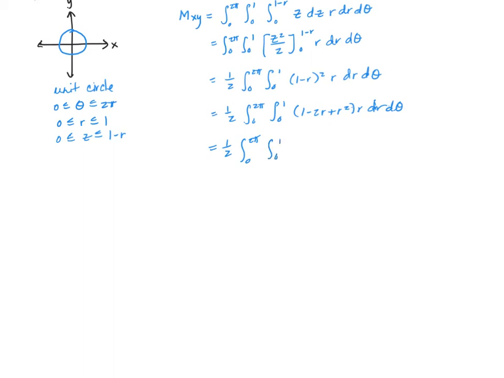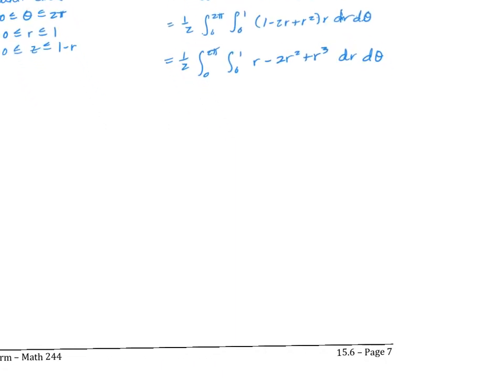Okay, so this is (r minus 2r squared plus r to the third) dr d theta. And then integrating with respect to r, you have r squared over 2 minus 2r to the third over 3 plus r to the 4 over 4.